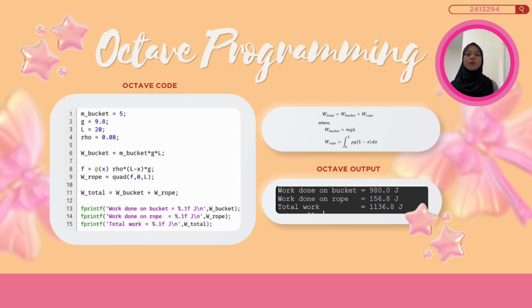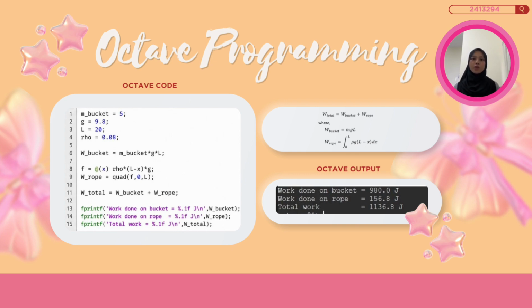For the bucket, we use the formula W equals mgL, which gives us 980 joules. For the rope, the force changes as the rope is lifted because the hanging length decreases. We model this using the function rho times g times (L minus x) and evaluate the definite integral numerically using Octave's quad function. This gives a work value of 156.8 joules.